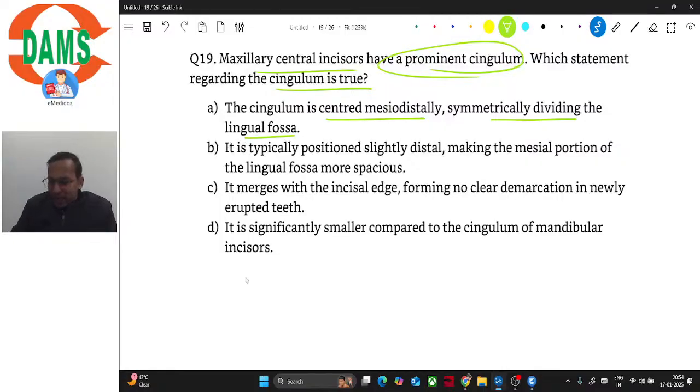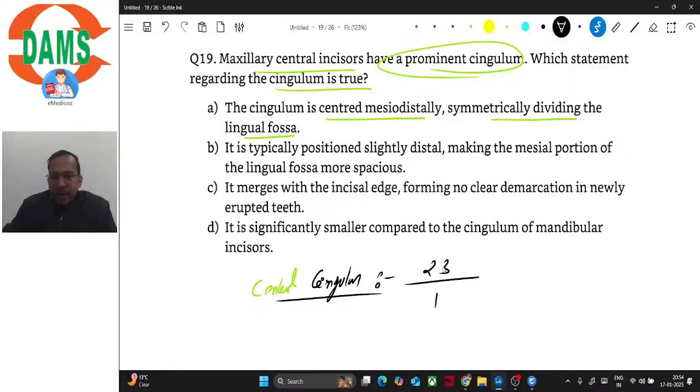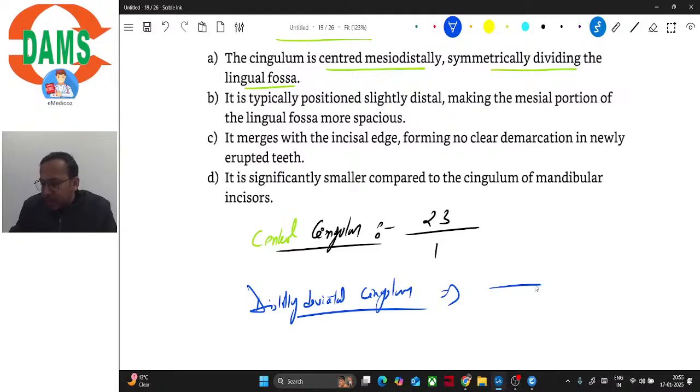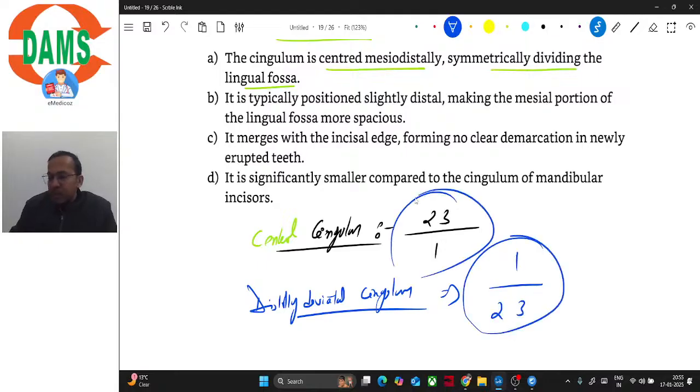So we know that the centered cingulum is present in lower central, upper lateral and upper canine, whereas a distally deviated cingulum is present in upper central, lower lateral and lower canine, right?